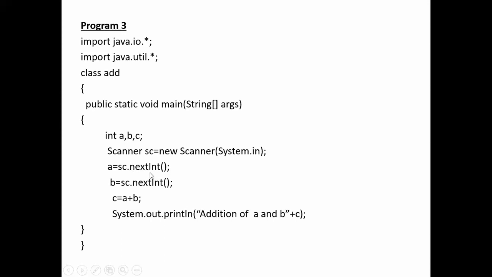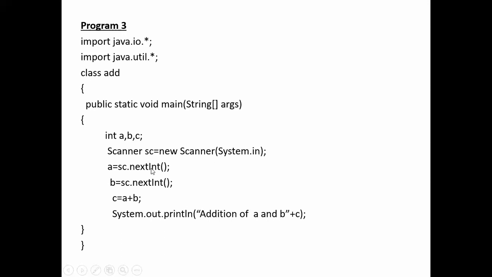In Java methods, if you have a combination of two words, the second word will start with caps. So in nextInt, the I should be caps. The same thing if it is float: nextFloat. If it is double, you are going to get nextDouble. So under float F should be caps, under double D should be caps.